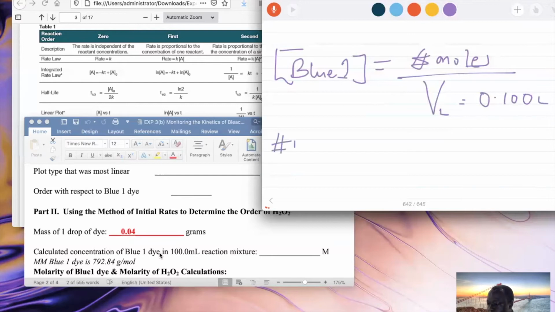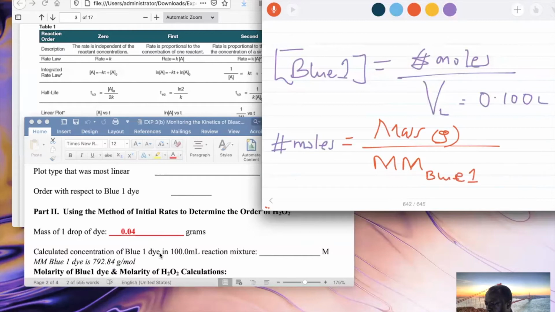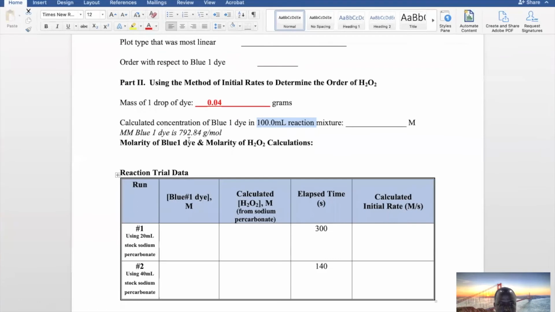The number of moles is given by mass in grams over the molar mass of blue 1 dye, which is given here. Look, this is the molar mass of the blue 1 dye. Given the mass here, mass over molar mass gives you the number of moles. You plug that in here for the concentration.